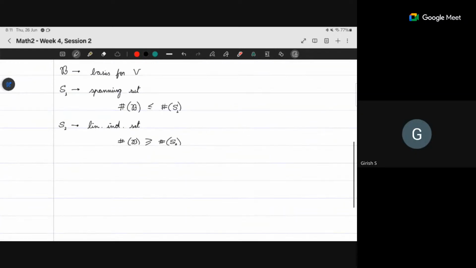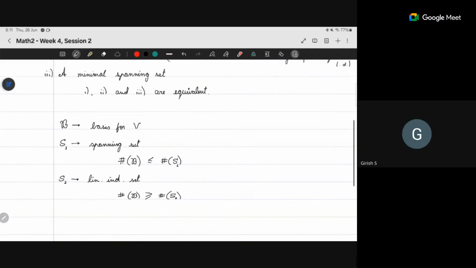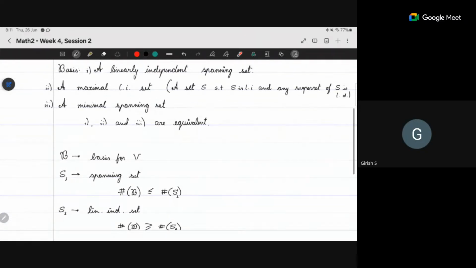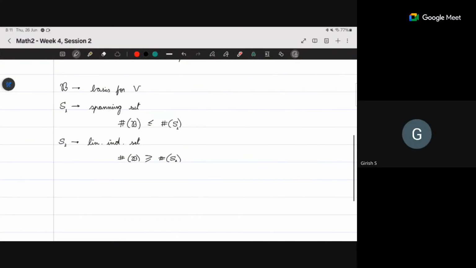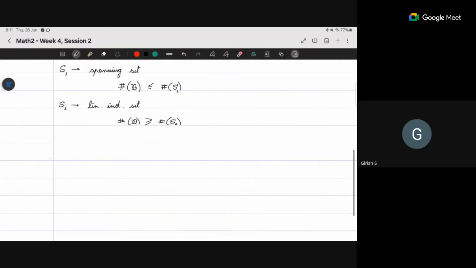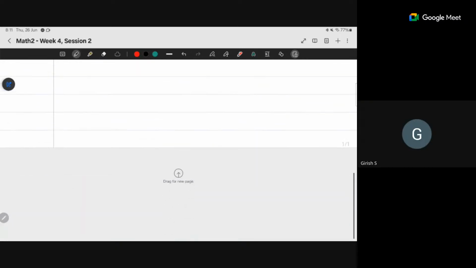Yeah. So this is something that follows directly from this. There is one subtle point which we have not addressed actually. Okay, now the recap is done. Let's take a new page.